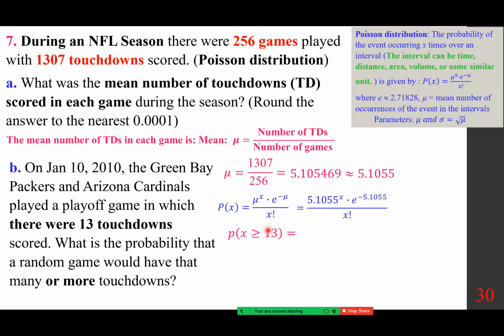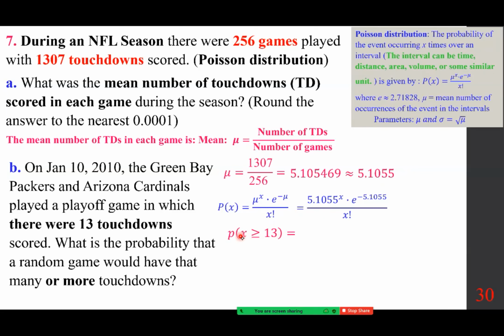Now, clearly, if we want to calculate it just the way it is, into this formula, we put number 13 instead of x, calculate it, 14, 15, all the way to sky's the limit. So what do we do? Instead, we use the complementary event.